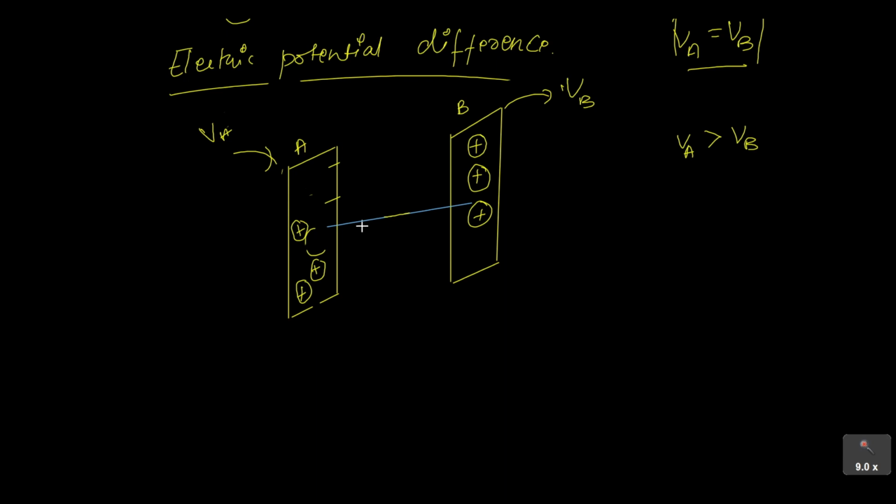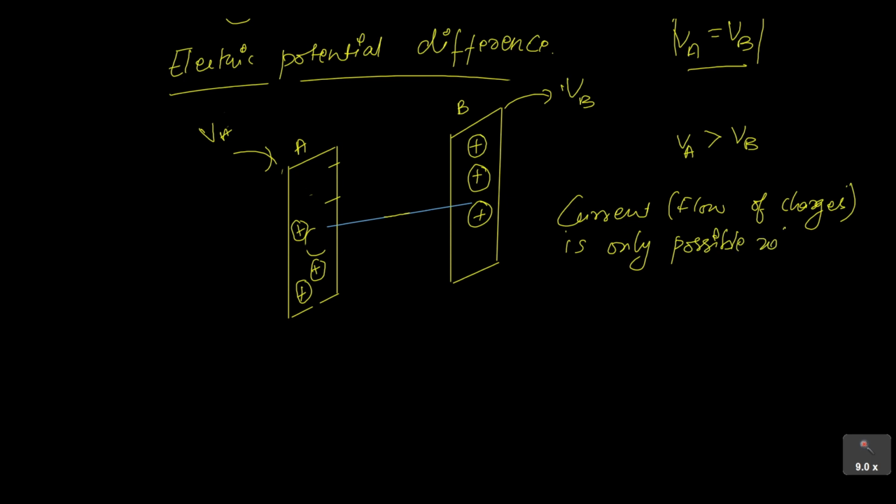We will define it obviously, but whatever charge is flowing through this wire is current. Current, or in other words the flow of charges, is only possible when there is a potential difference.